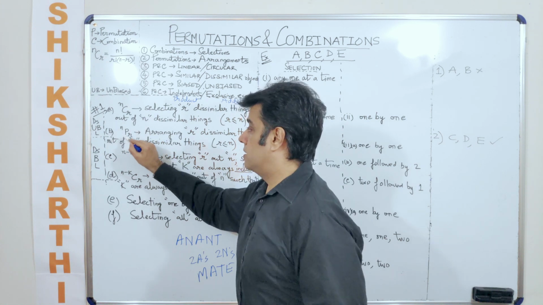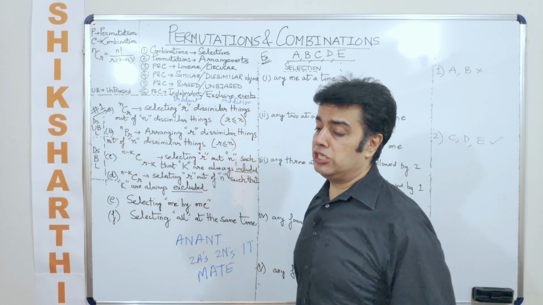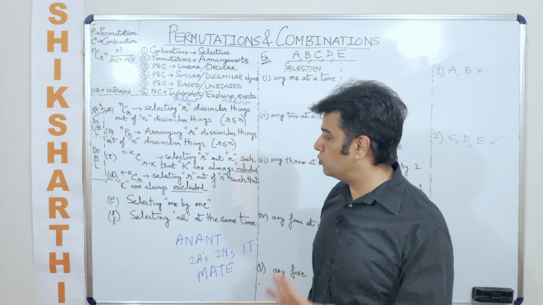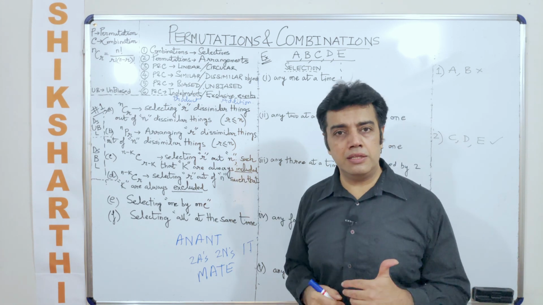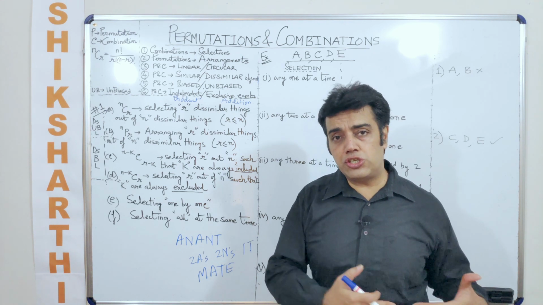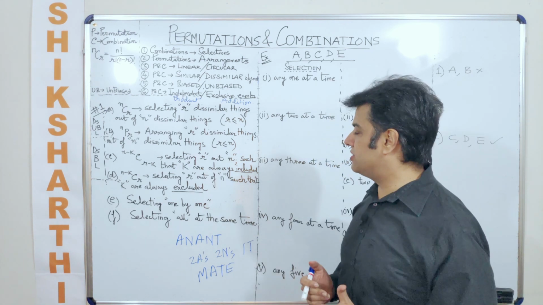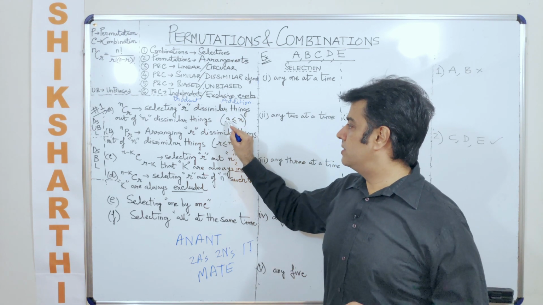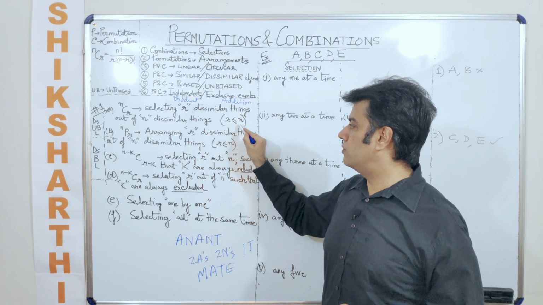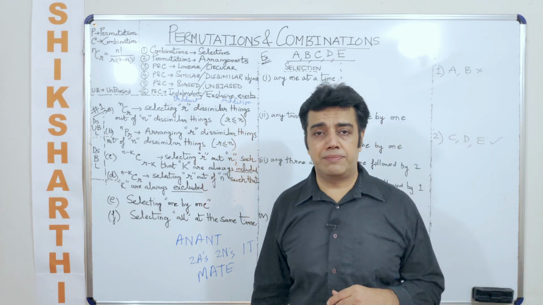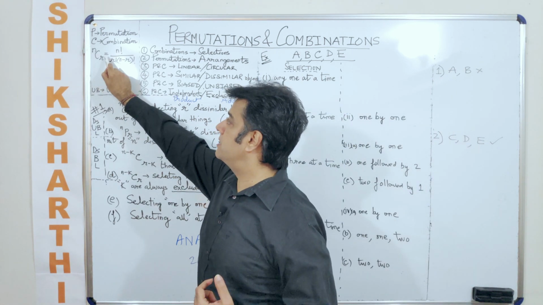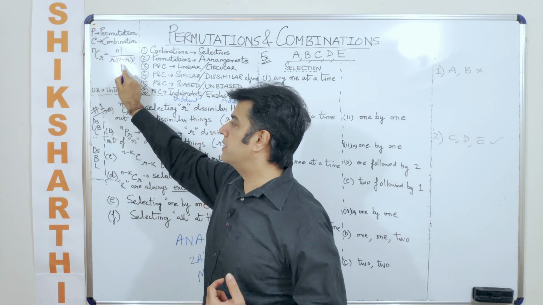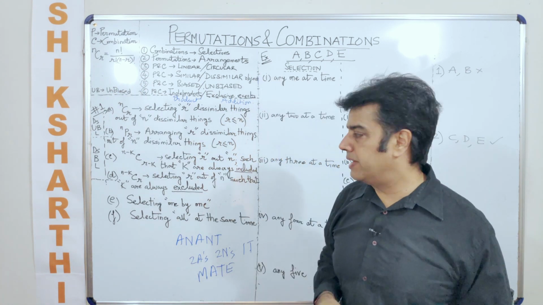What is NPR? Now NPR is arranging R dissimilar items out of N dissimilar items. Whether you select R out of N or arrange R out of N, one thing to bear in mind is that the value of R should be equal to or less than the value of N. And at the same time, you should know what NCR is. NCR is written as N factorial divided by R factorial into N minus R factorial.